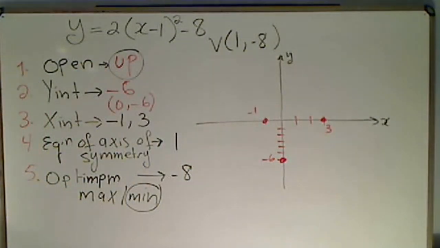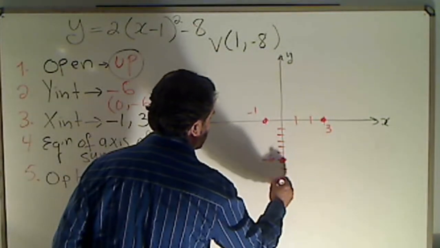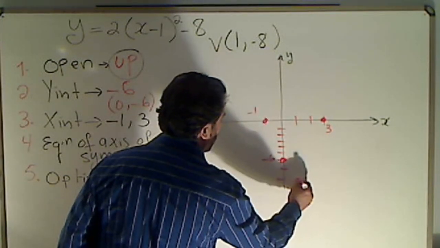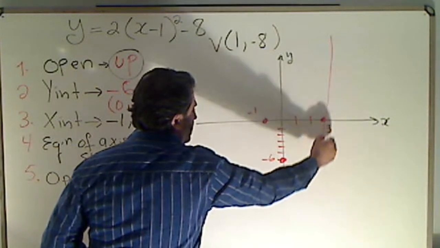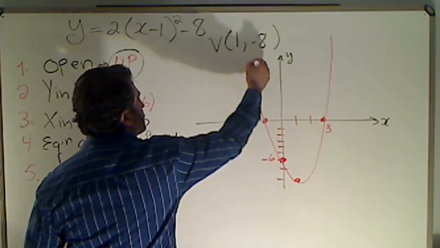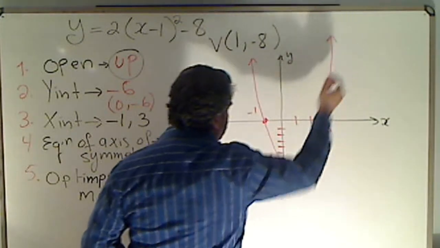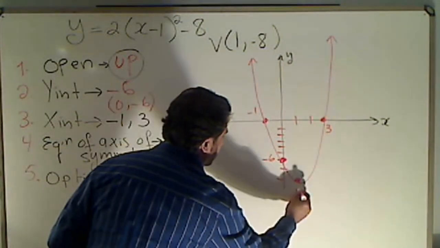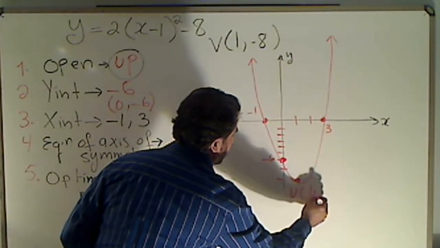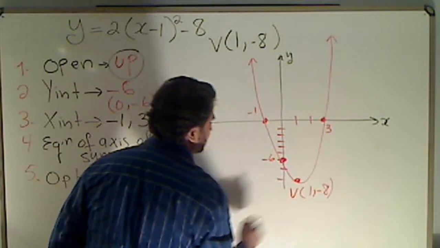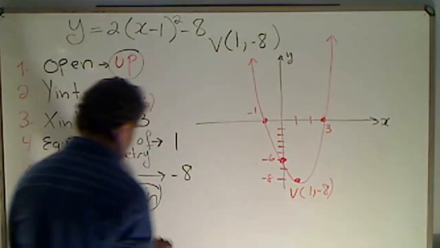And the last step would be our vertex, the turning point, (1, negative 8). And the parabola opens up. Hopefully I can get this accurate; if it's not accurate, it's very close. And the turning point, the vertex, we said is (1, negative 8), because that point is negative 8.